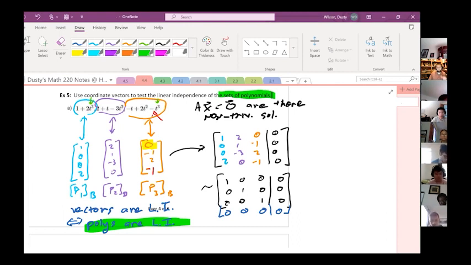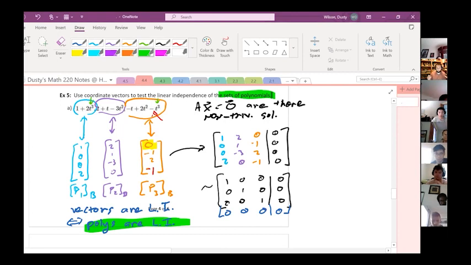Like, what would it mean if vectors were linearly independent? Does something have only the trivial solution? So they're not the same. We'll talk about a basis in a second.